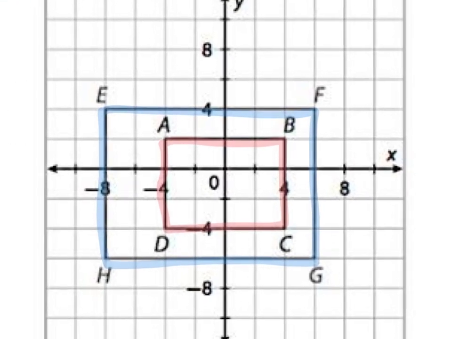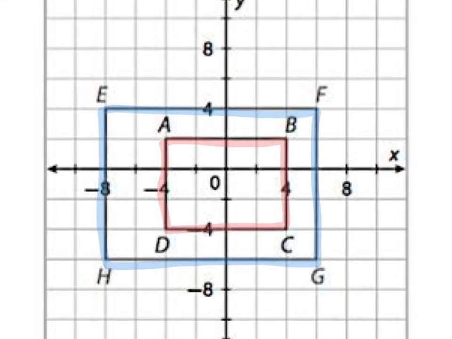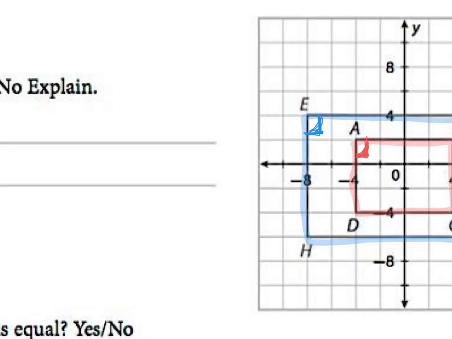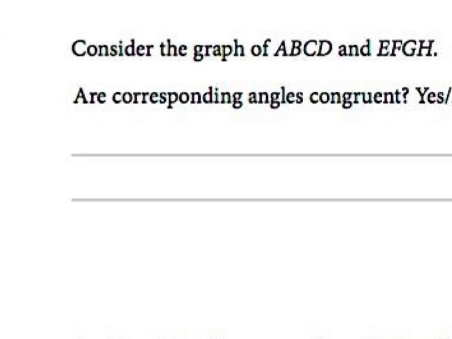Well, if we look at our figure, angle A would match up with angle E, and are they congruent? Because they're on a graph, we know that those angles are actually 90 degrees. And since those are 90 degrees, angle A is congruent to angle E.